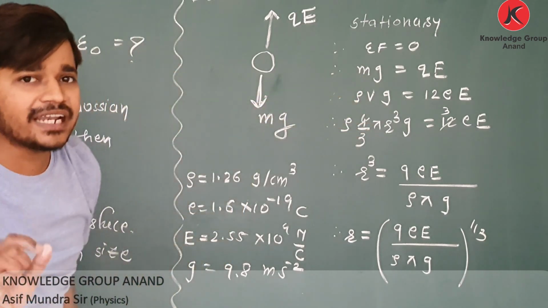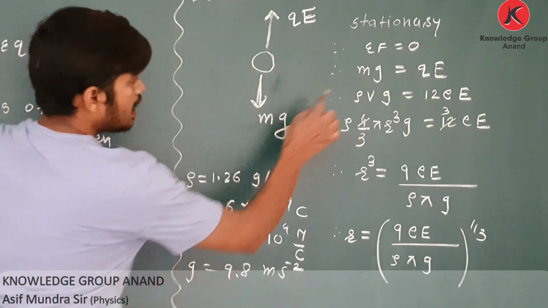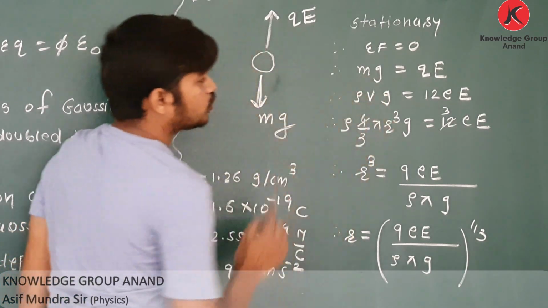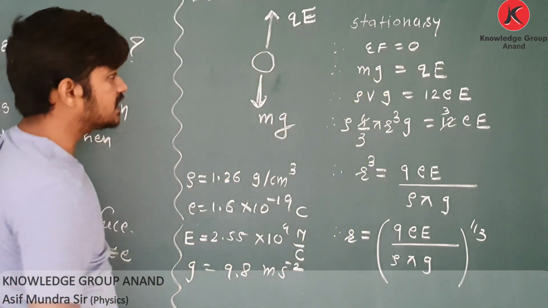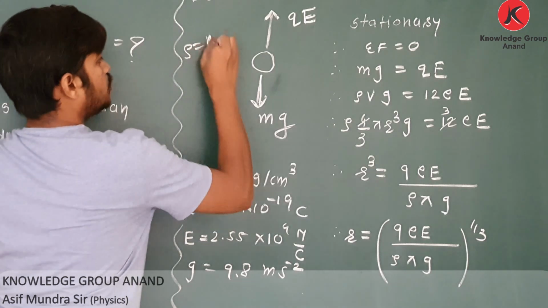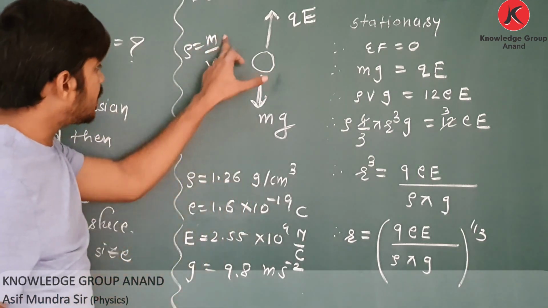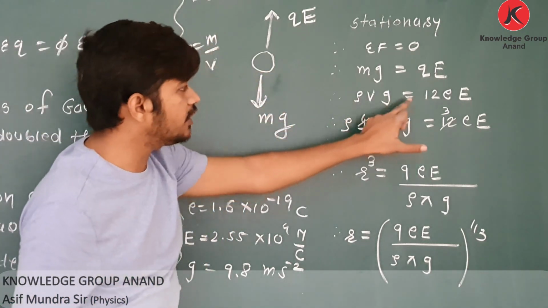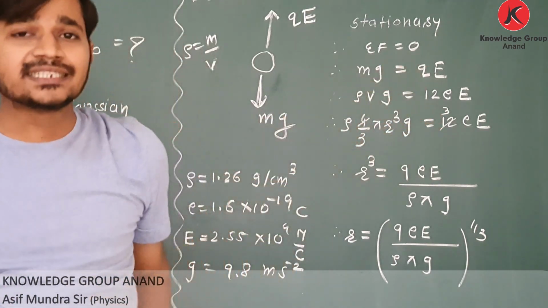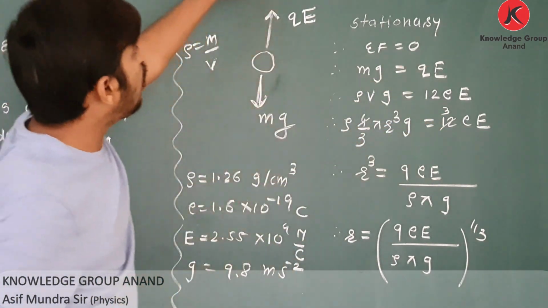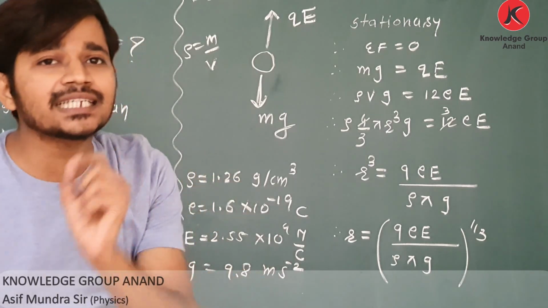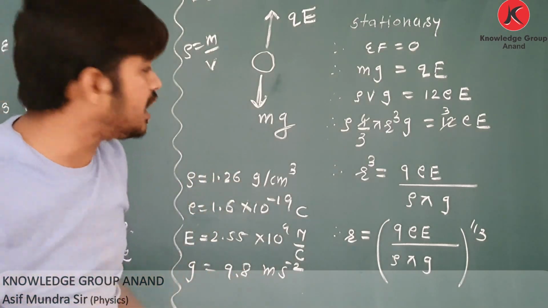We have to find the radius. Then how to introduce radius? Mass is equal to rho into V. What is the definition of density? Density rho is equal to mass upon volume. Then mass is equal to rho into V. Rho V g is equal to Q E. Charge on the oil drop: the oil drop has 12 excess electrons. What is the charge on one electron? e.